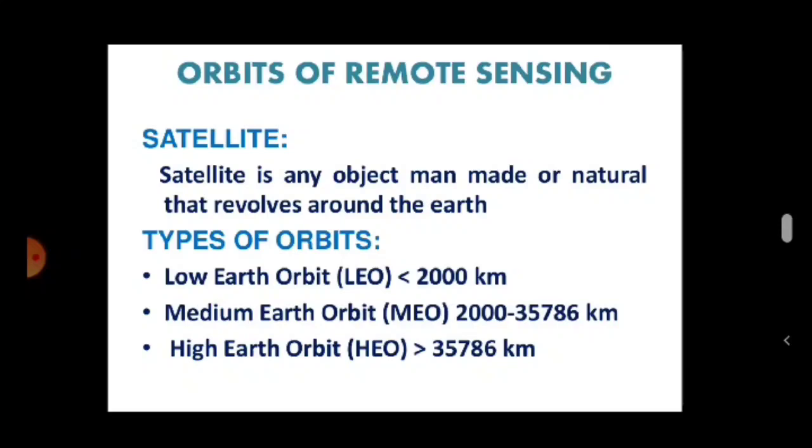Or you can classify orbits as geosynchronous, polar orbiting or sun synchronous, and geostationary.